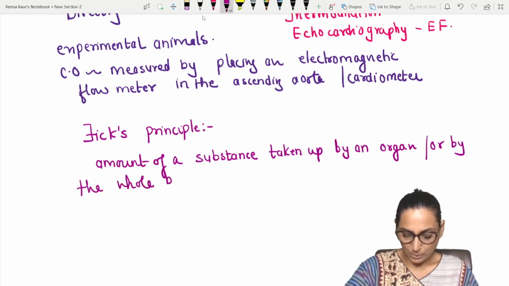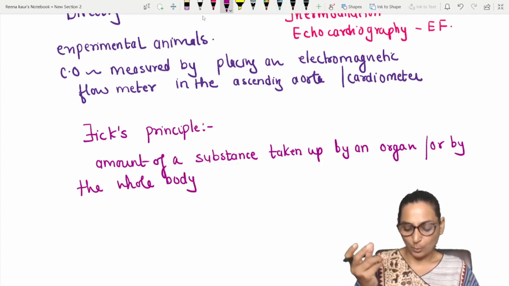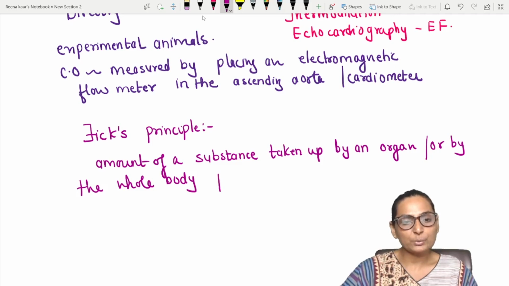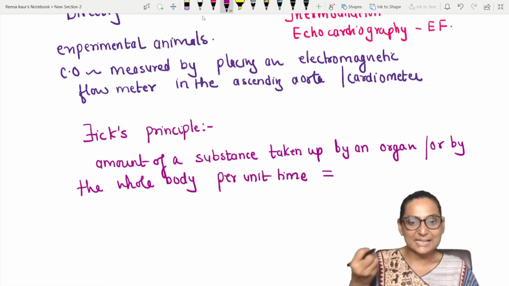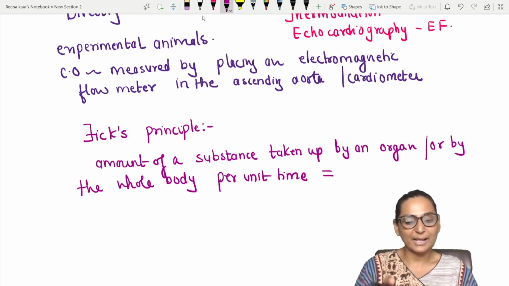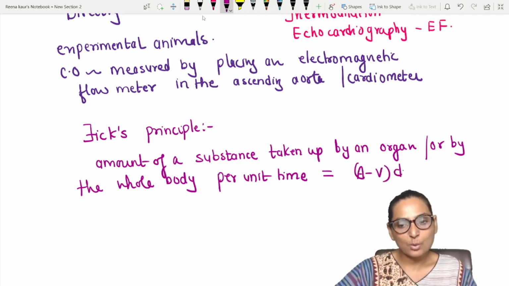So the amount of substance that is taken up either by an organ or by the entire body per unit time is equal to the arteriovenous difference of that substance.